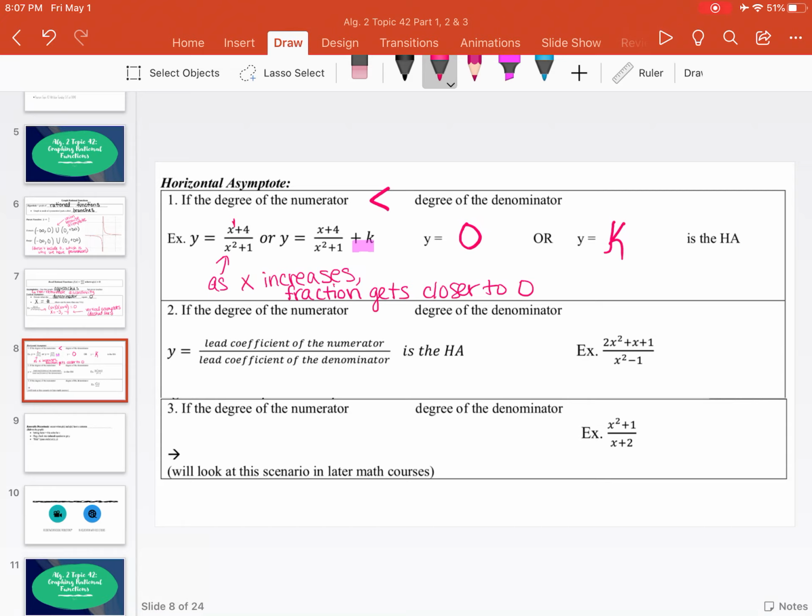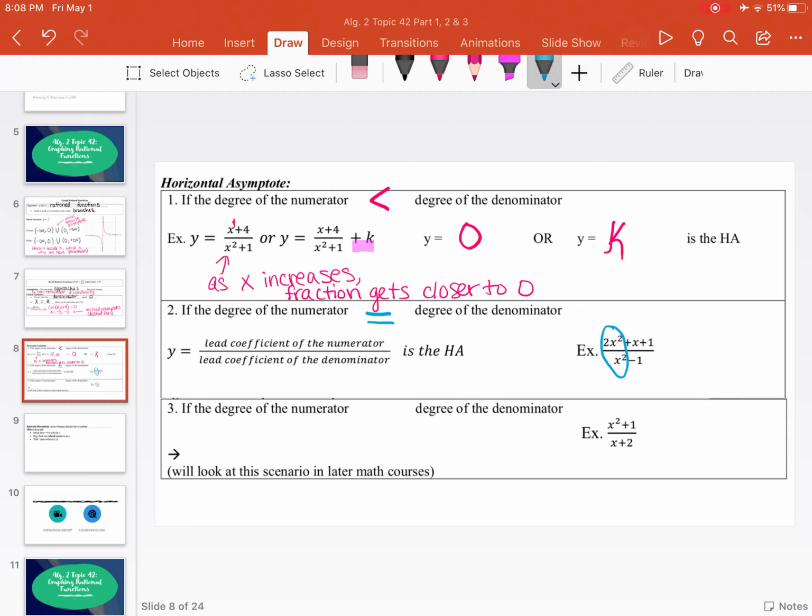Now, what if the degree of the numerator is equal to the degree of the denominator? For example, what if they both have the same highest power? So in our example here, 2x squared plus x plus 1 divided by x squared minus 1. All we really need to focus on here is the highest power.